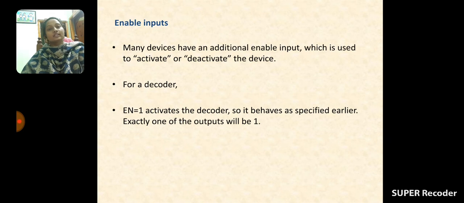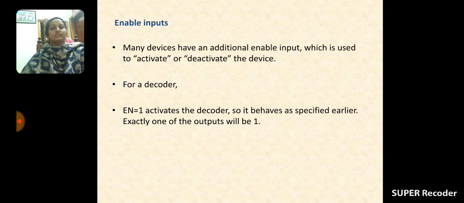If enable is not present, meaning it is in a disabled, deactivated condition, the output does not change even though the inputs are changed. That is the main use of the enable signal.